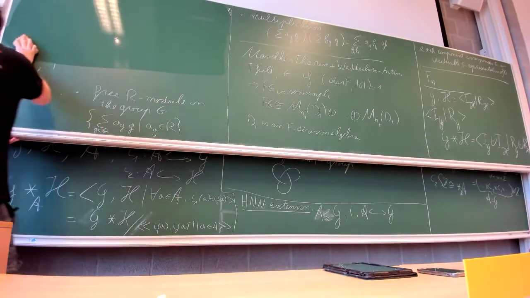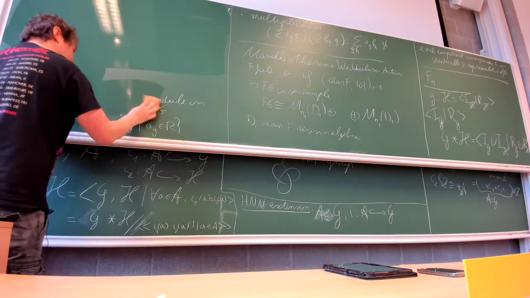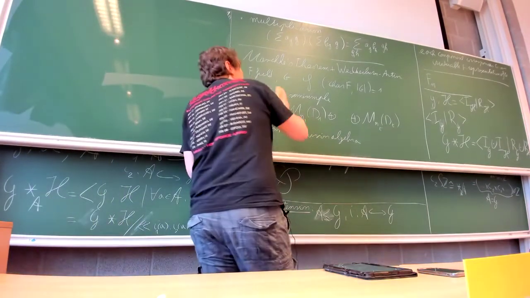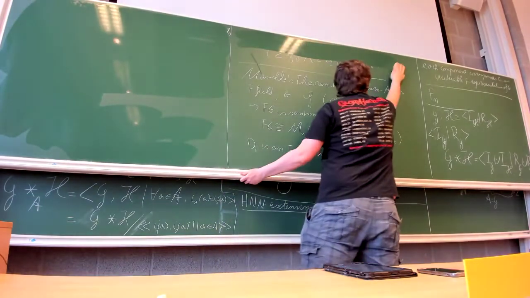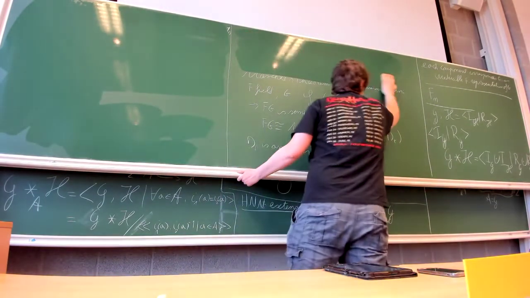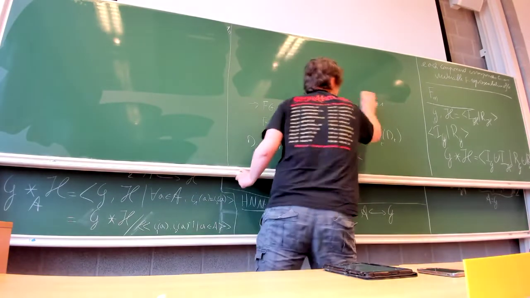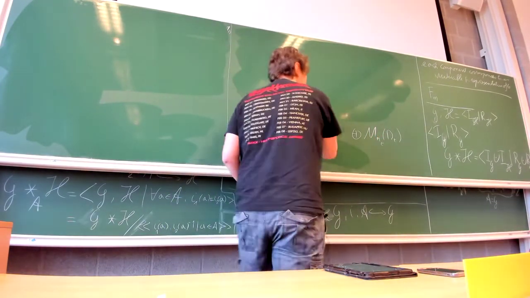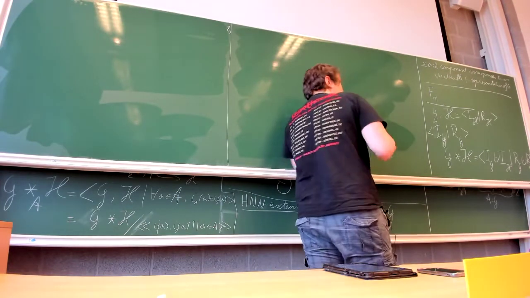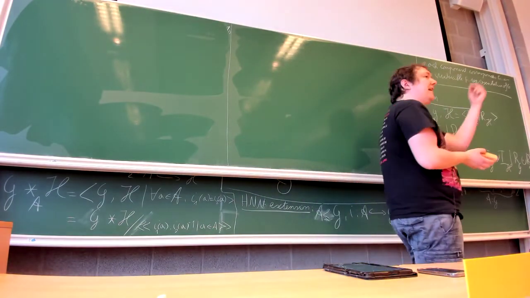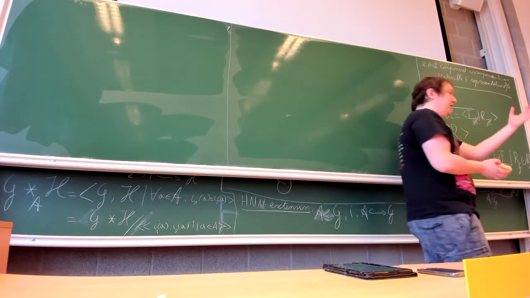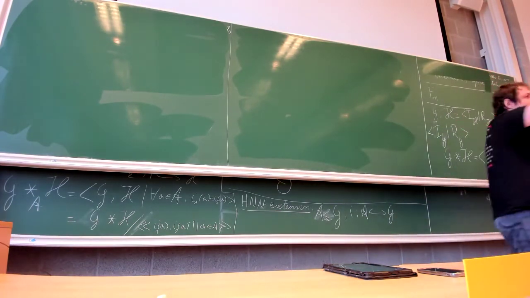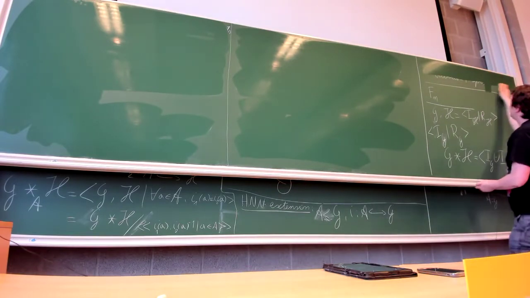So we have now defined two very relevant constructions, HNN extensions and amalgamated products. And those two appear in geometric group theory because they are basically the basis of what is called Bass-Serre theory. Bass-Serre theory within geometric group theory basically tells you what a group looks like if you know how it acts on a tree. So you get a group, you get a tree, you find an action of the group G on the tree.